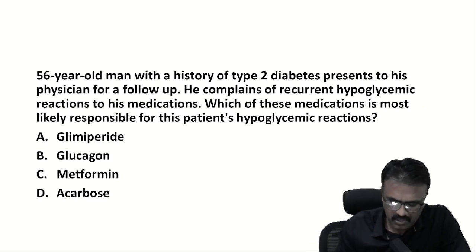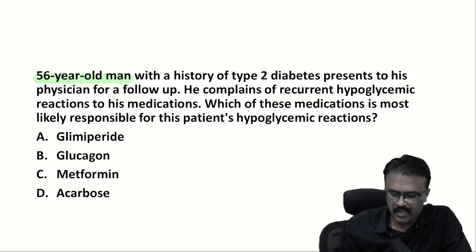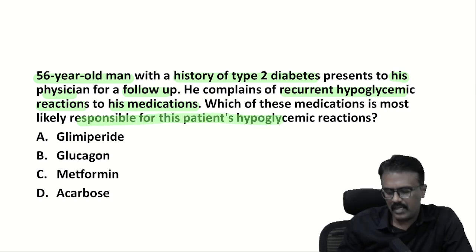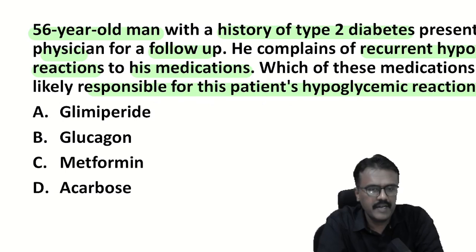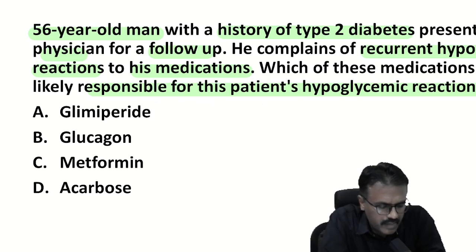Go to the next question. A 56-year-old man with a history of type 2 diabetes presents to his physician for follow-up. He complains of recurrent hypoglycemia. Which of these medications is most likely responsible for the hypoglycemic reaction in this patient? Options are glimepiride, glucagon, metformin, acarbose.